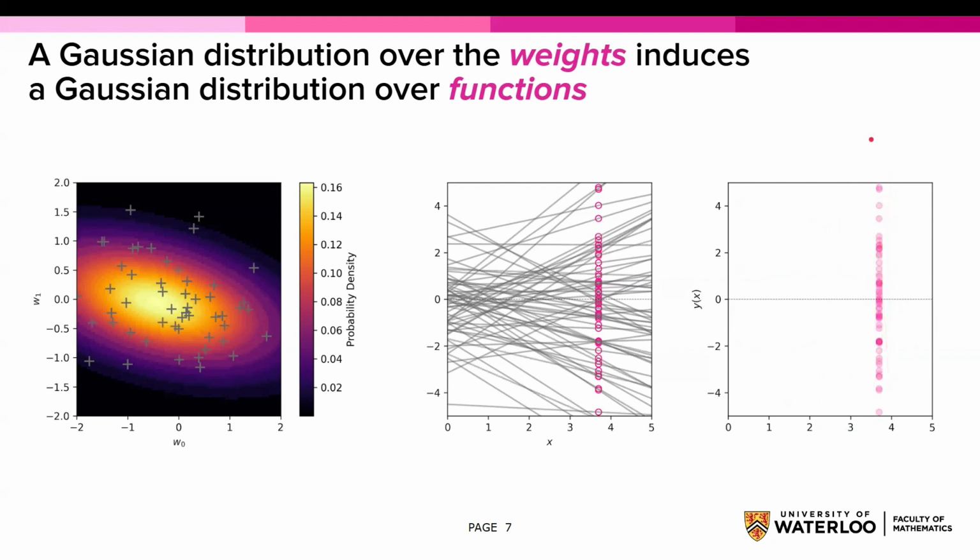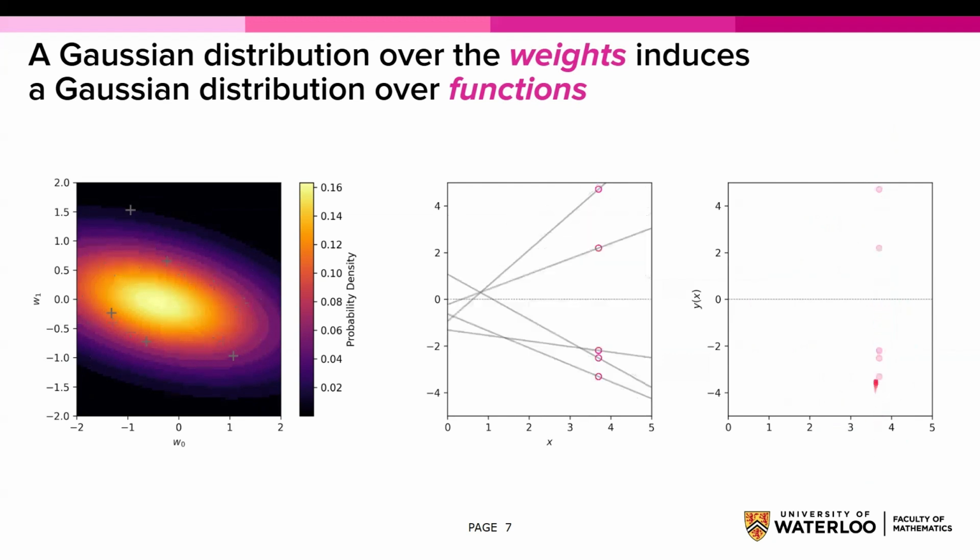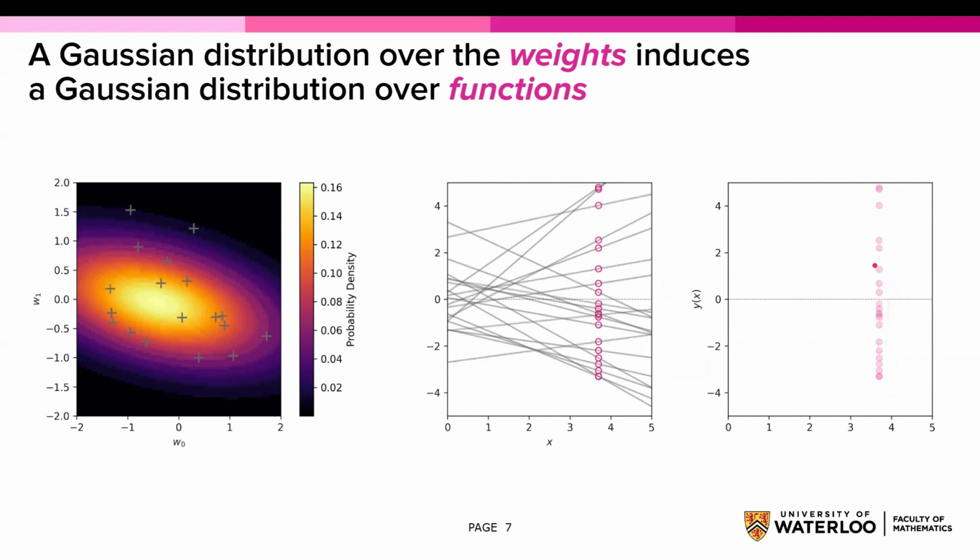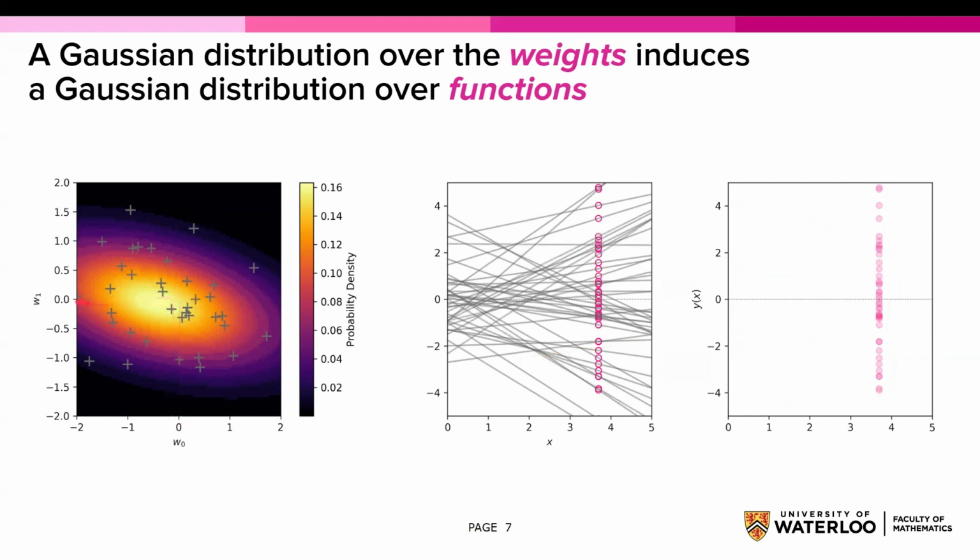So the plot here shows the distribution of function values for a single evaluation point of x of 3.7. Every single one of these pink dots is a function value obtained from a distinct sample from weight space, but the same input value x. We can see as the distribution builds up, they're clustered around a central mean of about zero, because this particular posterior distribution over the weights is close to zero bias as well as zero weight.